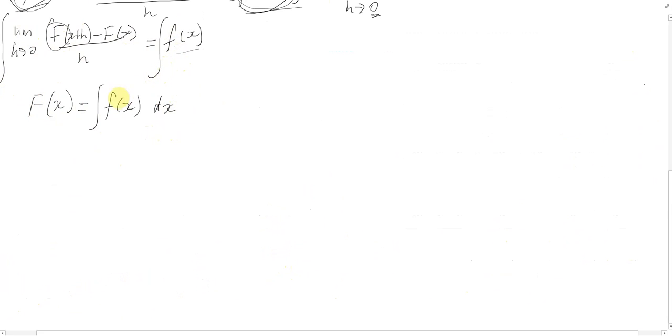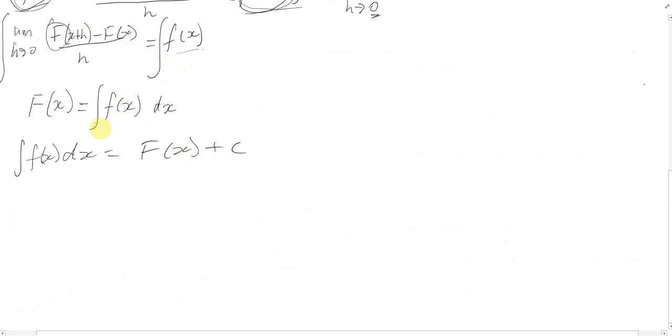So we can also write this another way, just so you know. We can also say that our integral of f of x dx must be big F of x plus a constant.